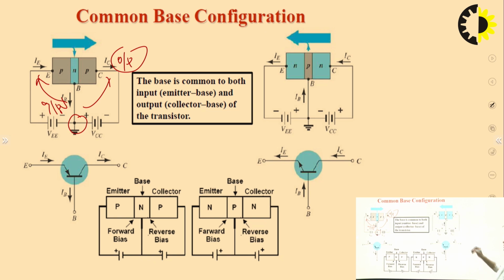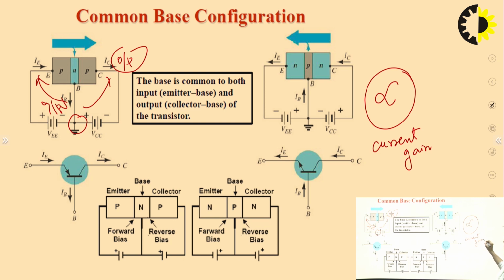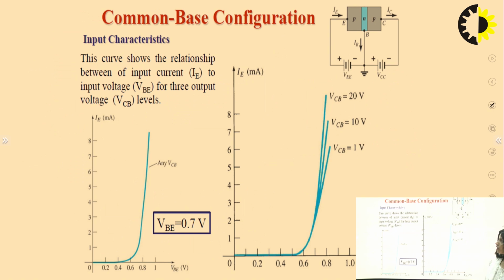For common base configuration, we put the current gain as alpha. This is for PNP and this is for NPN. The base is common, we are providing input from the emitter and taking output from the collector. So this is how it works.